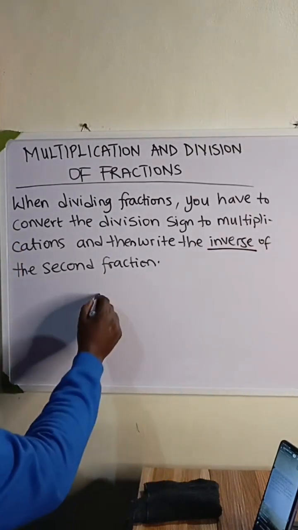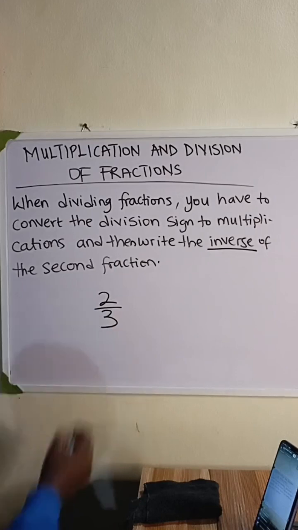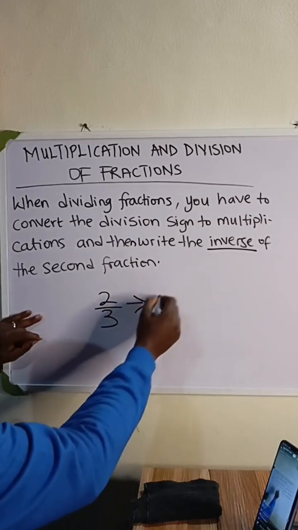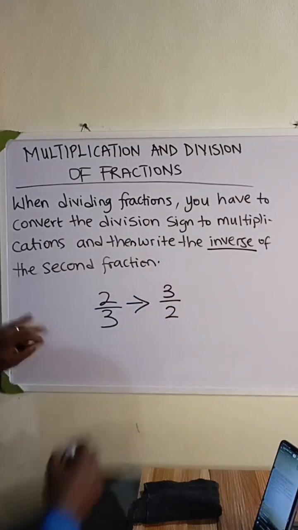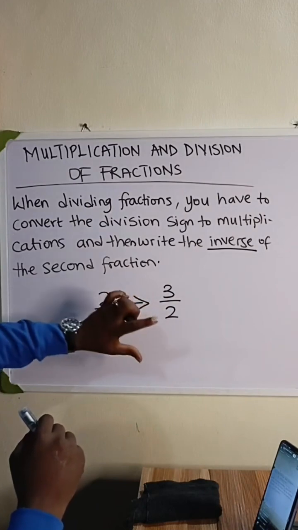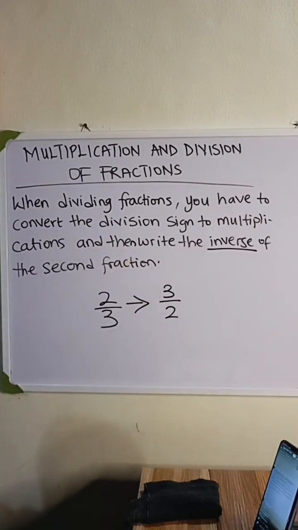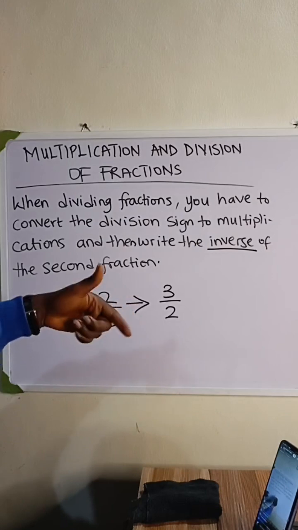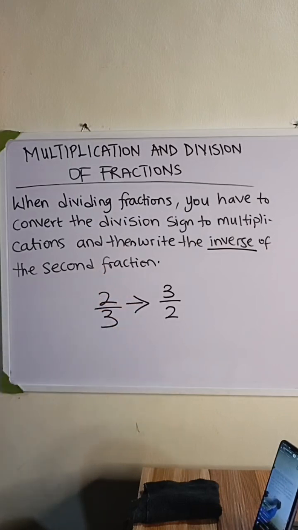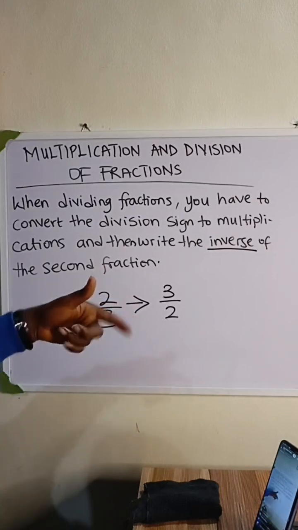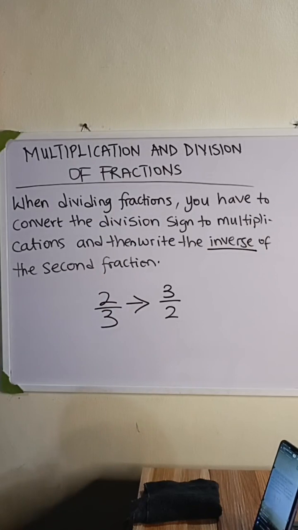If I have 2 all over 3, the inverse of that is 3 all over 2. So I flip it, I turn it upside down. So that's inverse. When I'm dividing fractions, I convert the division sign to a multiplication sign, and when I do that, I flip the second fraction. I turn it upside down. Let's see why you have to do that.